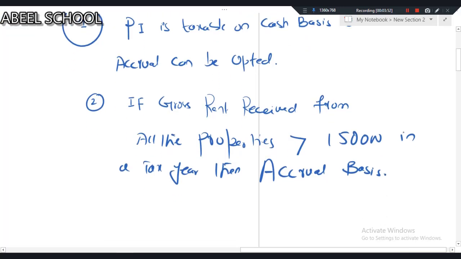Then only accrual basis. Very important point. Repeat.